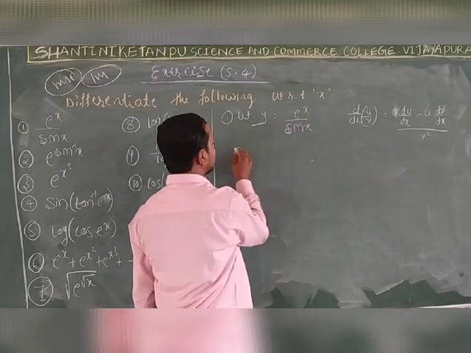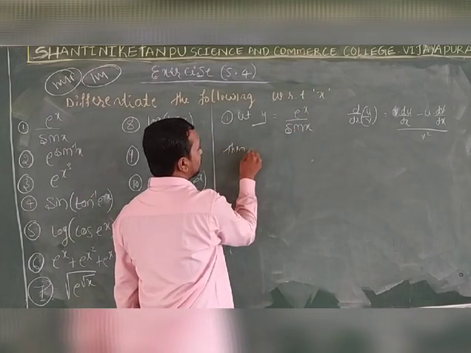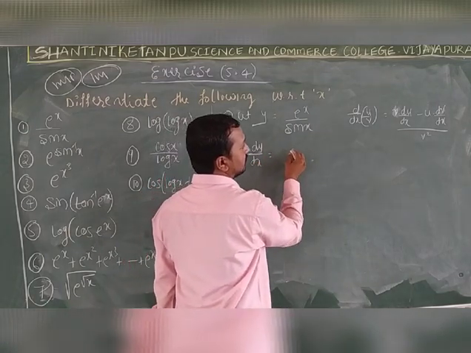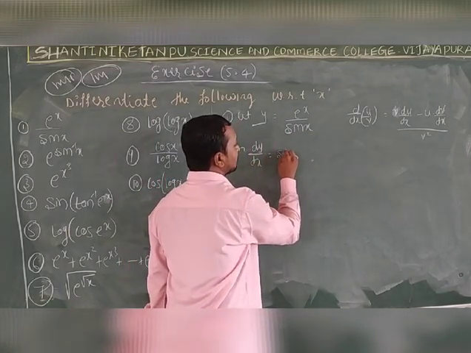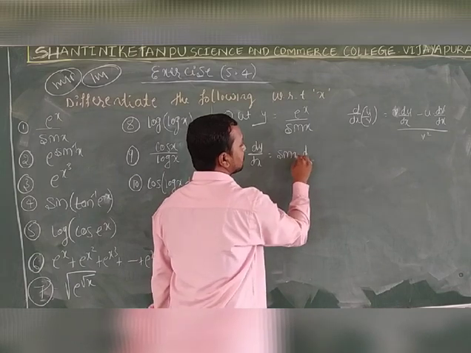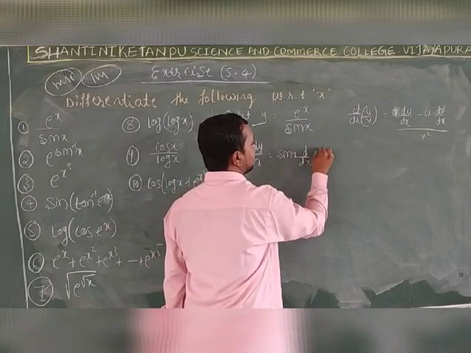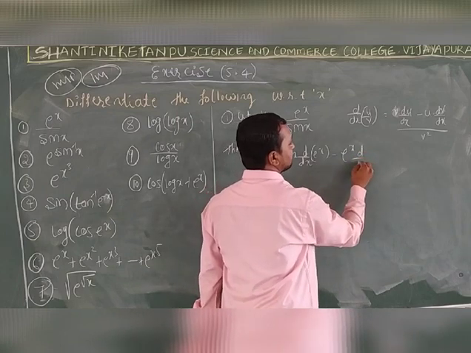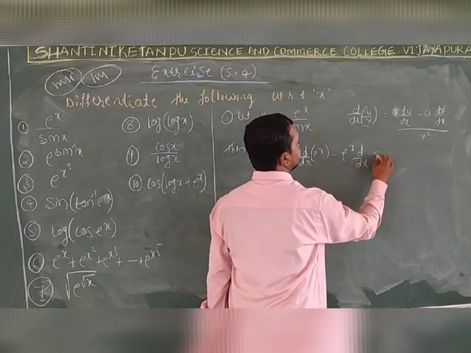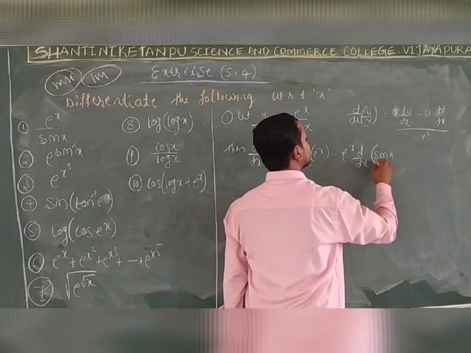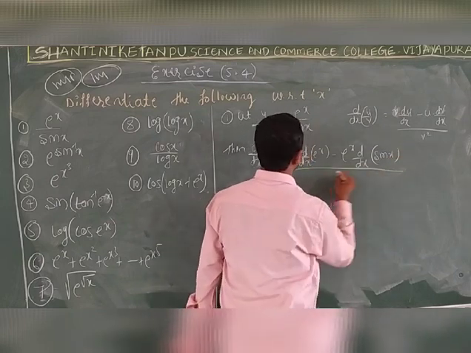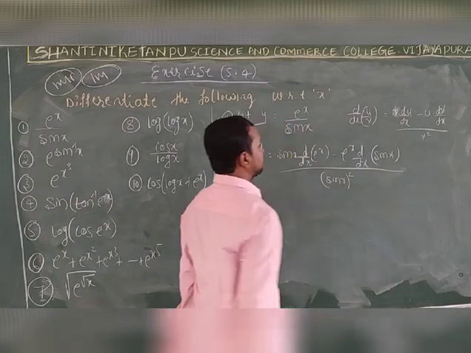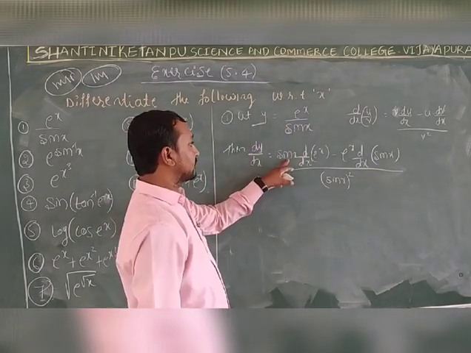This is the u by v form. Then what we have to find is dy by dx. dy by dx equals v as it is. v is nothing but sin x as it is, then d by dx of e raised to x, minus e raised to x as it is, then d by dx of sin x, whole divided by v square, sin x whole square.